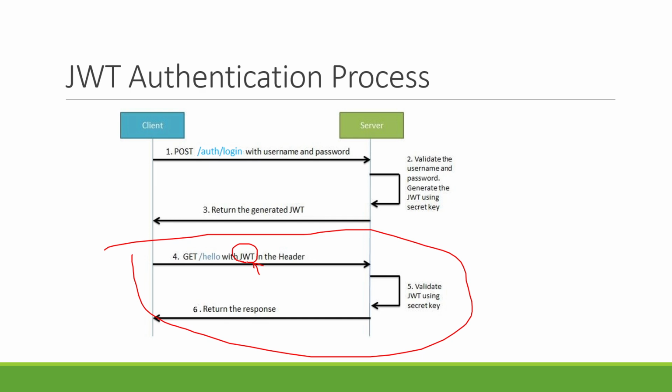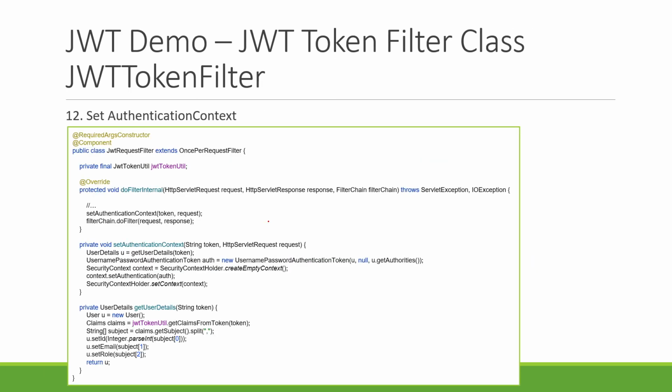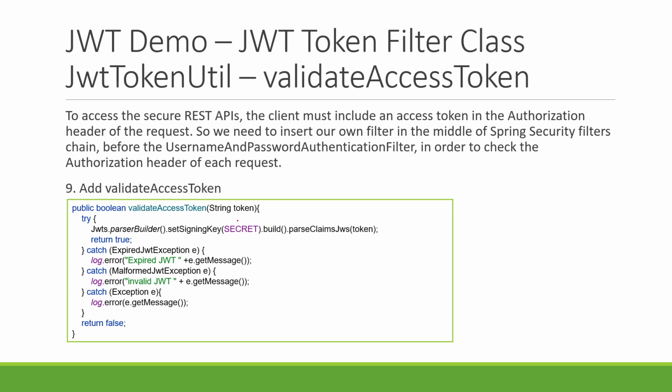To verify that a token is valid, we have a method for that, which is a valid access token. You give me a token, I have to parse it. If it fails, it means the token is not valid. And if it didn't fail, it's a good token.